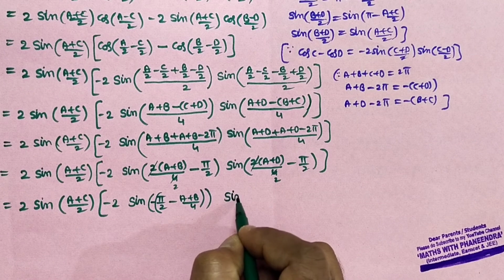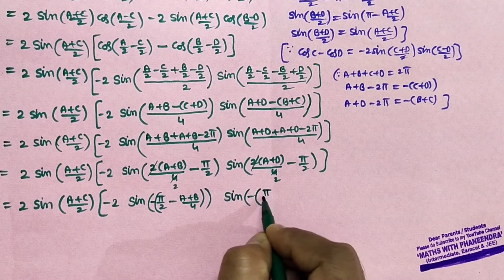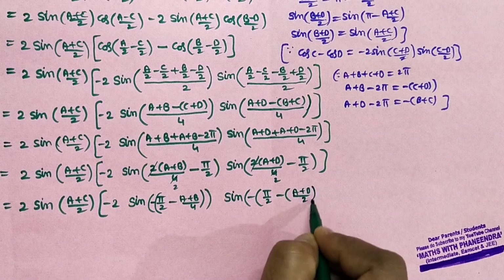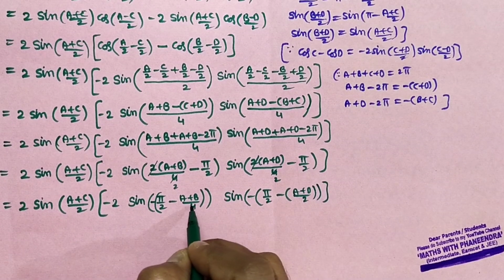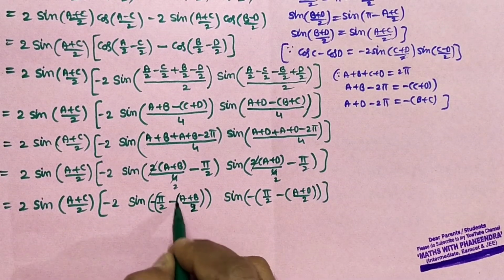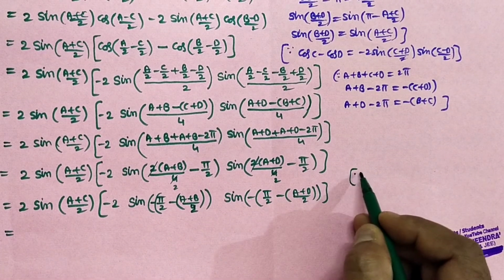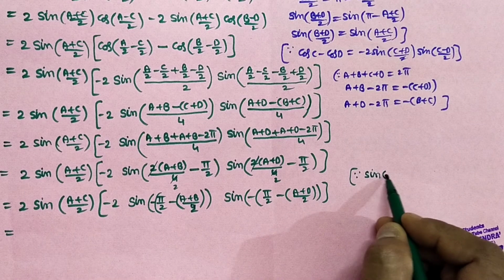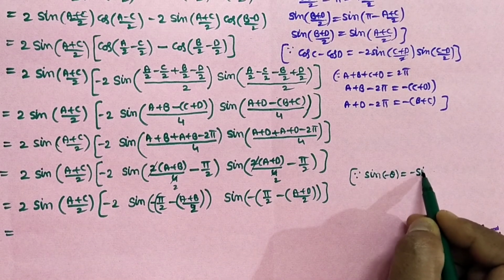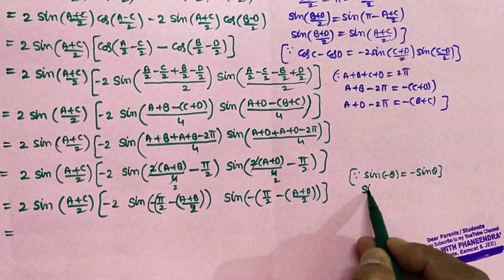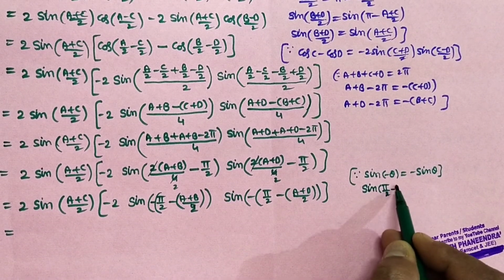Similarly, sine of, here also minus taken common, pi by 2 minus (a plus d)/2. Even here also by 2. We know that sine of minus theta is minus sine theta, and sine of pi by 2 minus theta is cos theta.